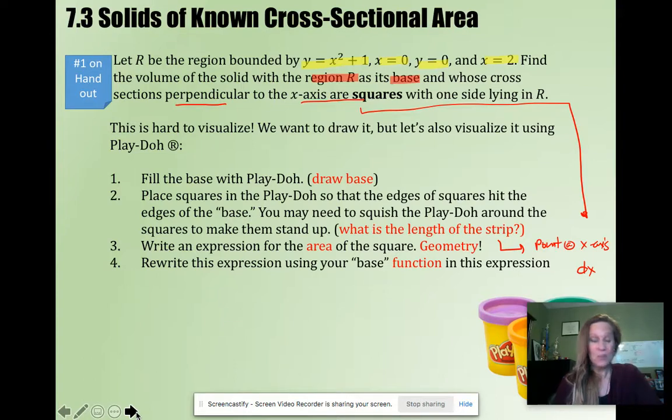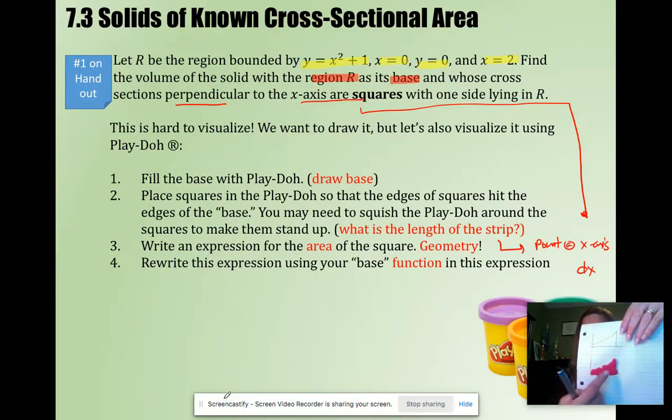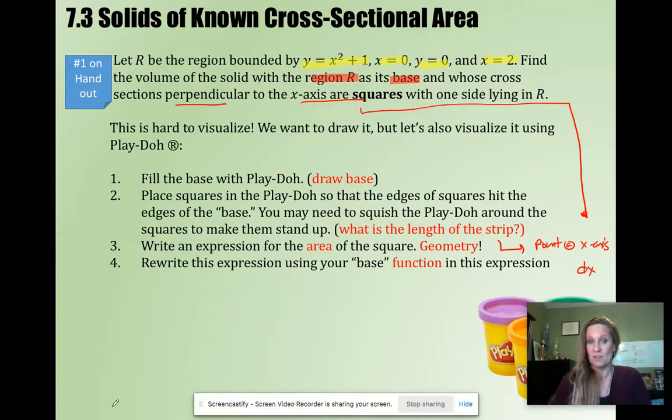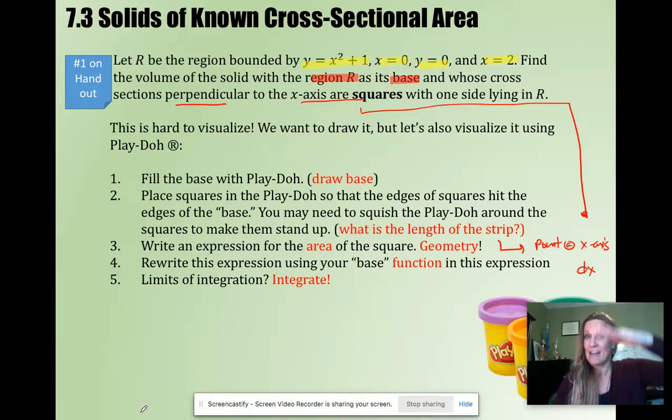So how can you write an expression using the yellow information for the side of one square and then the side of another square, the smaller one? What can you do? Right? The length of each side of those squares is the distance from the x-axis to the function.